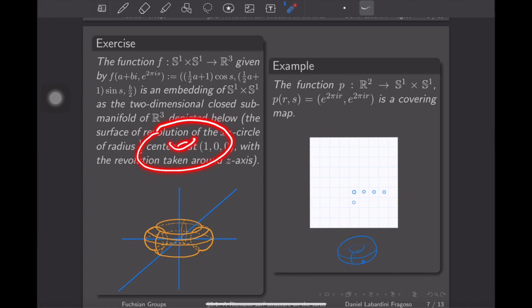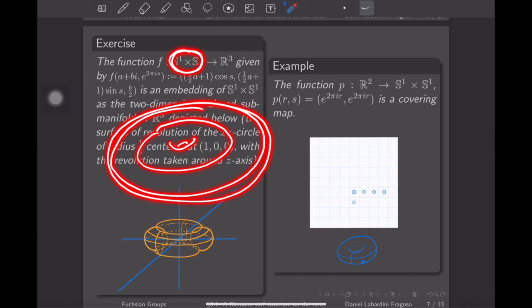And when we do that, we are using a certain equivalence between this abstract space and a certain drawing that takes place in R3, in three-dimensional Euclidean space.